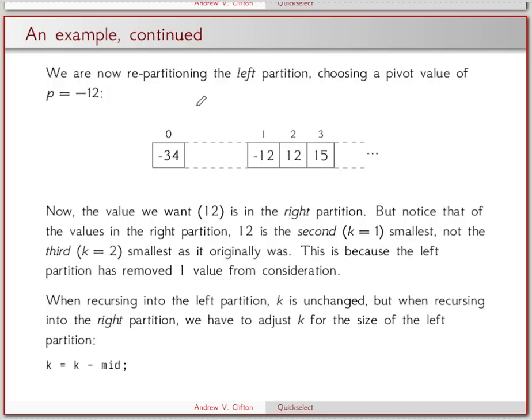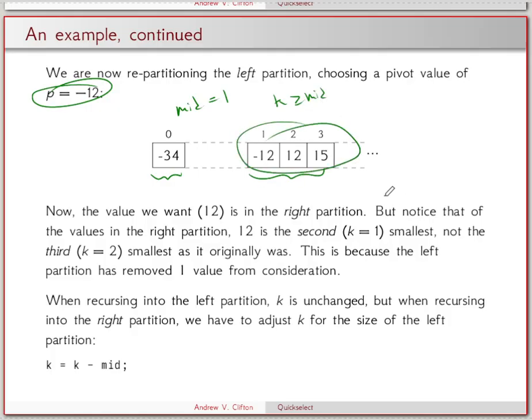So if we do it again, we're repartitioning the left partition. Let's say we pick negative 12 as our pivot. Then that gives us these partitions. This is my left partition, and this is my right partition. In this case, we would have mid equal to 1. So k is greater than or equal to mid. That means we should search for the kth smallest element in the right partition.